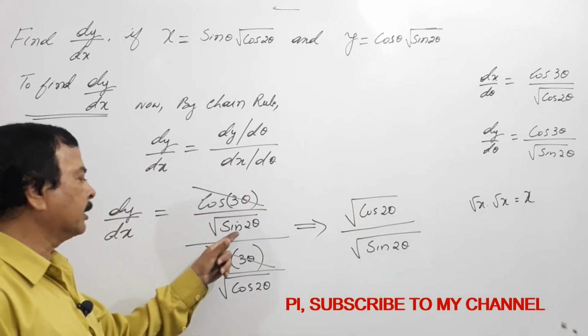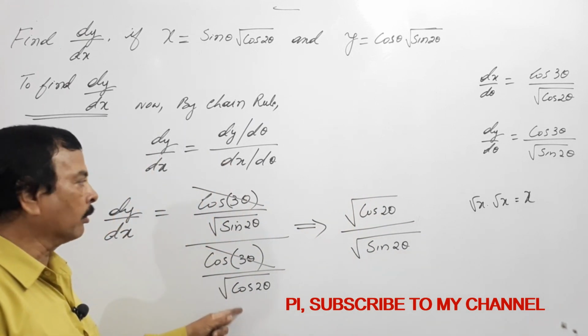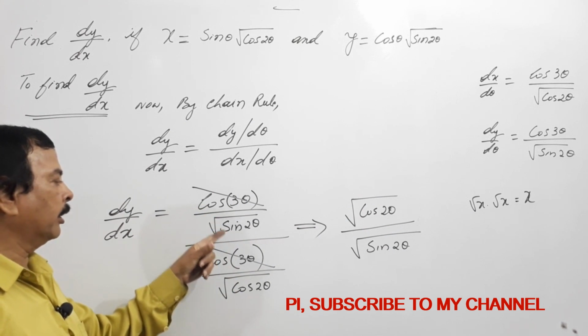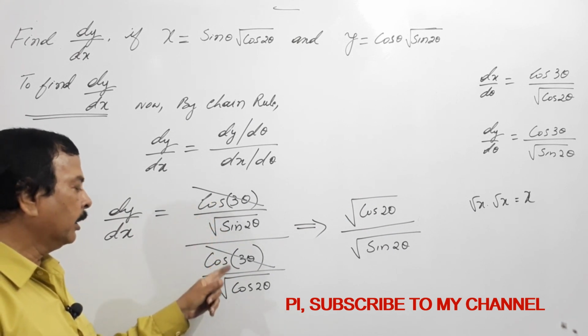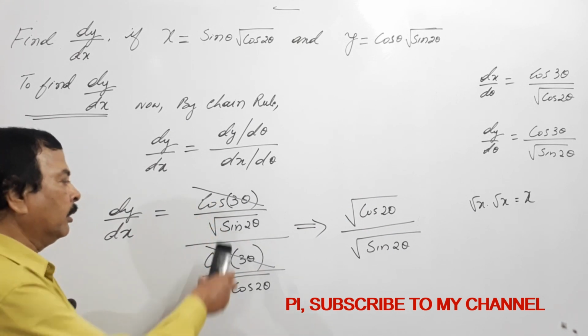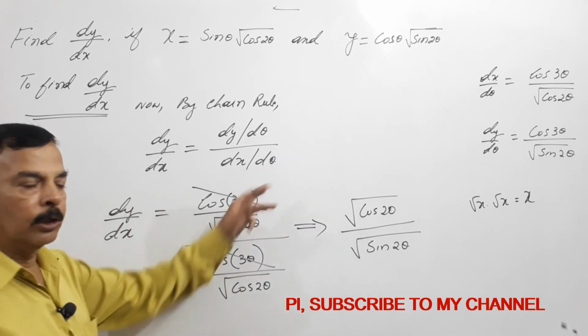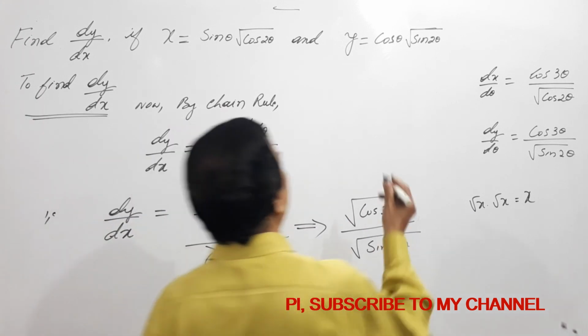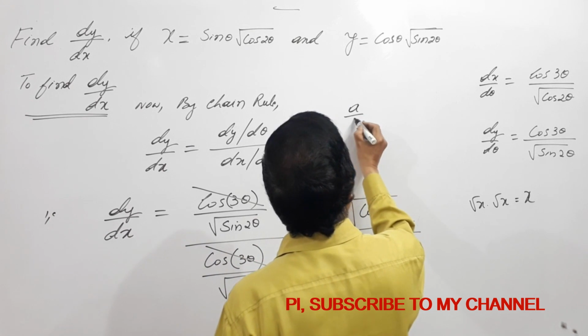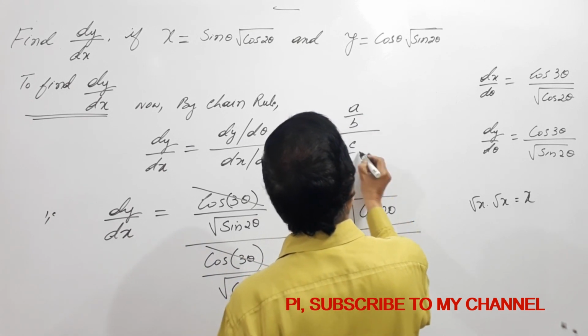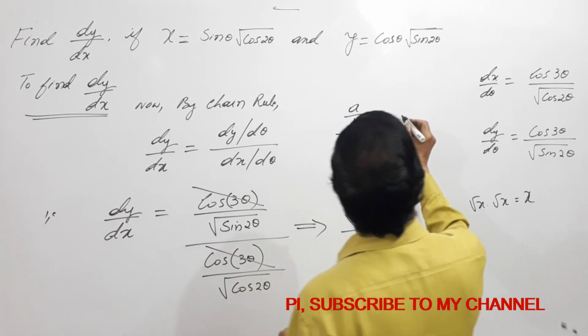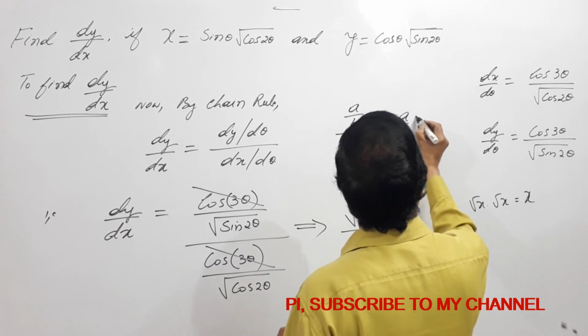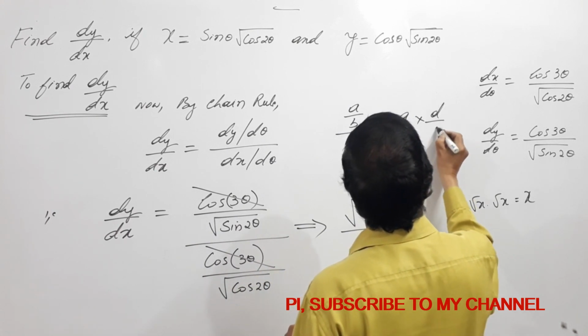Don't directly write sin 2 theta by cos 2 theta, that is wrong. This is the denominator of the numerator, and this is the denominator of the denominator. So this has to go to the numerator. For example, if you have a by b divided by c by d, this is nothing but a by b into d by c.